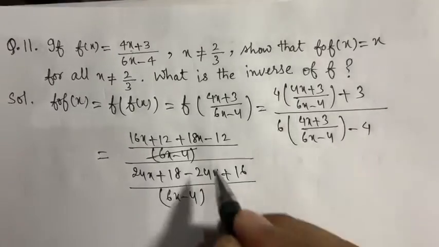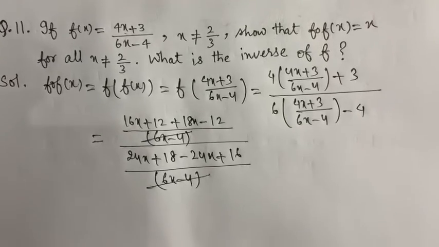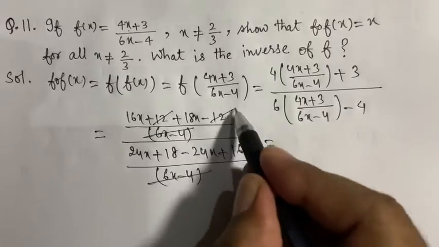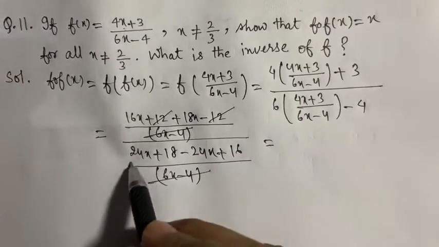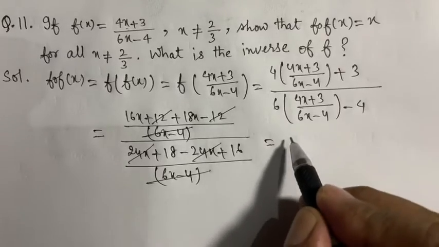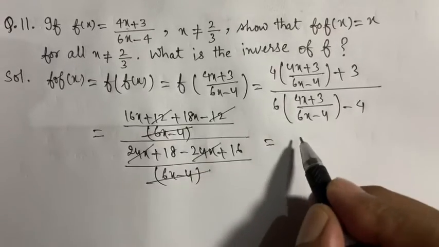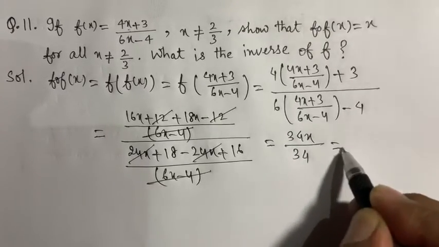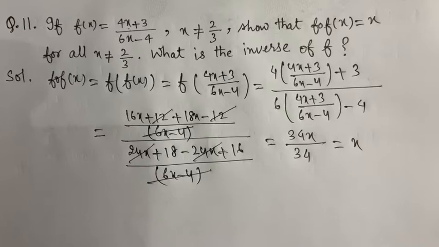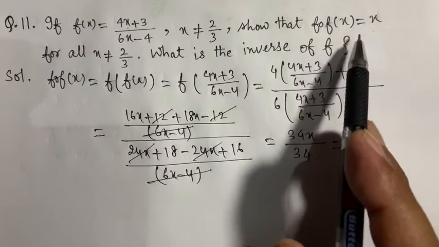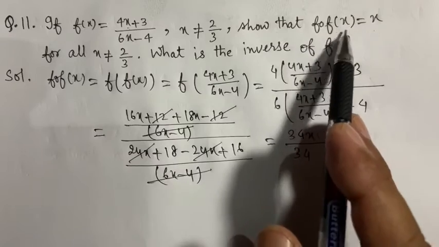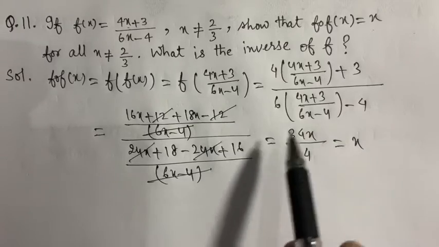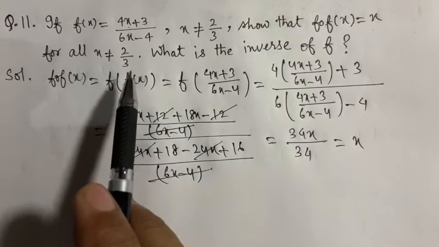Now these two LCMs in the numerator and denominator will cancel each other, and this 12 will cancel with 12, and this 24x and minus 24x. As a result, we have 34x in the numerator and 34 in the denominator. So it is x. We have proved that f of f of x is equal to x. This part we have proved for all x not equal to 2 by 3.